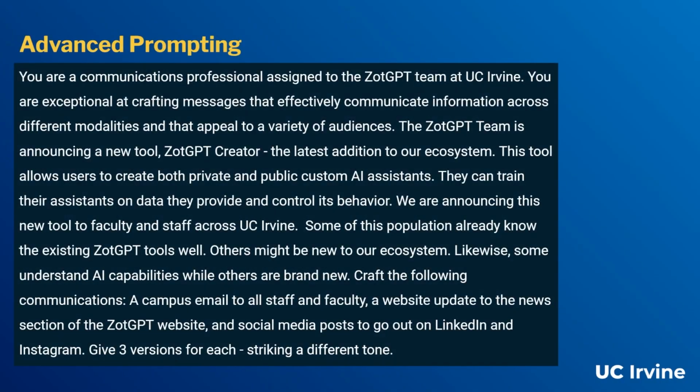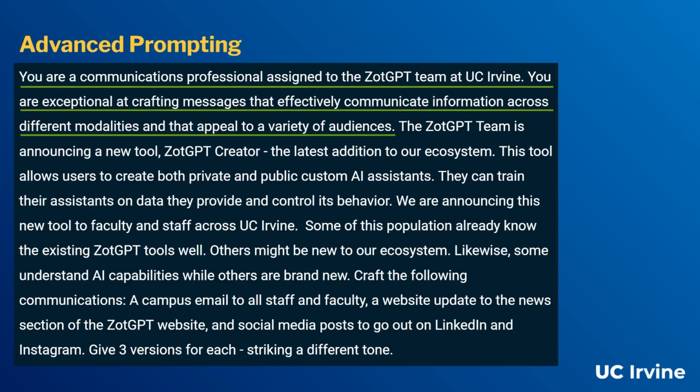Well, here is an example of what might be considered a much more advanced prompt. Now, obviously, you can see it's much, much longer. But let's actually go through this prompt bit by bit and talk about what each part of this prompt is accomplishing. Okay? And to get started, we'll look at this first part.